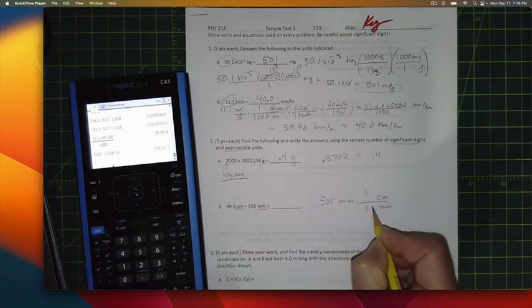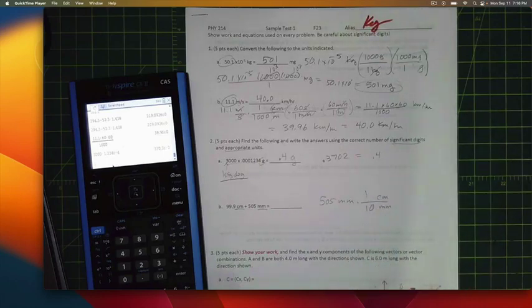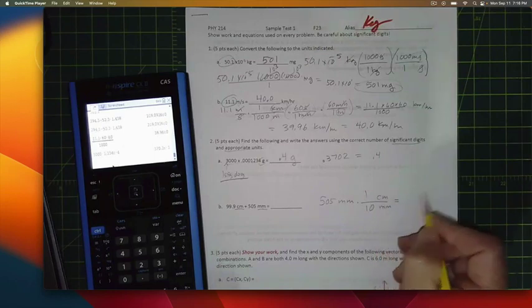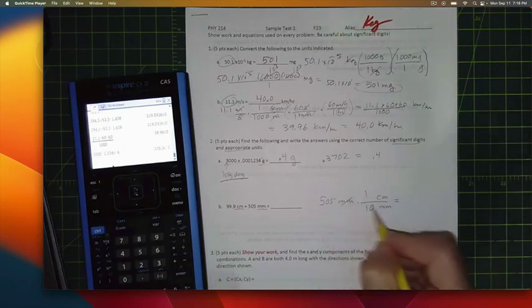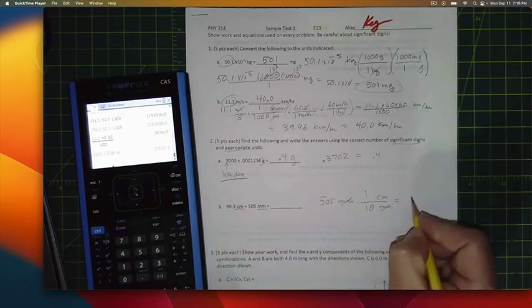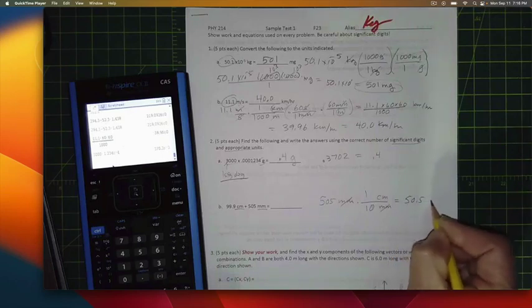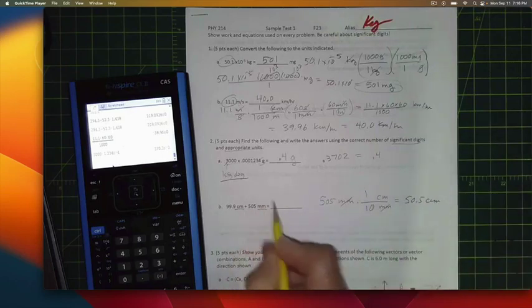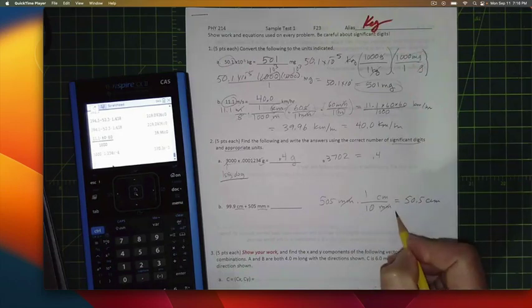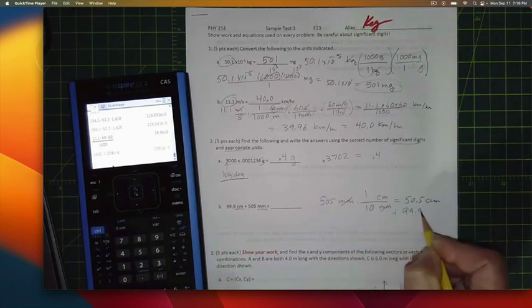So we'll say 1 centimeter is 10 millimeters. That's as good as any conversion, I guess. And so we're going to divide by that, so we will end up with 50.5 centimeters for the 505 millimeters, and then we're going to add to that the 99.9 centimeters.